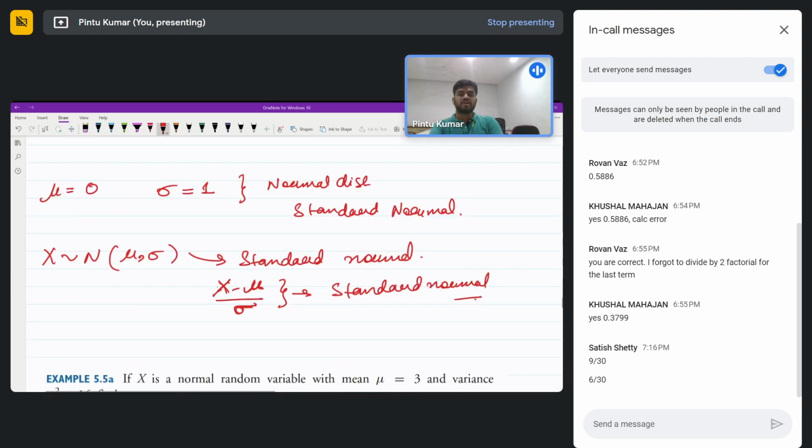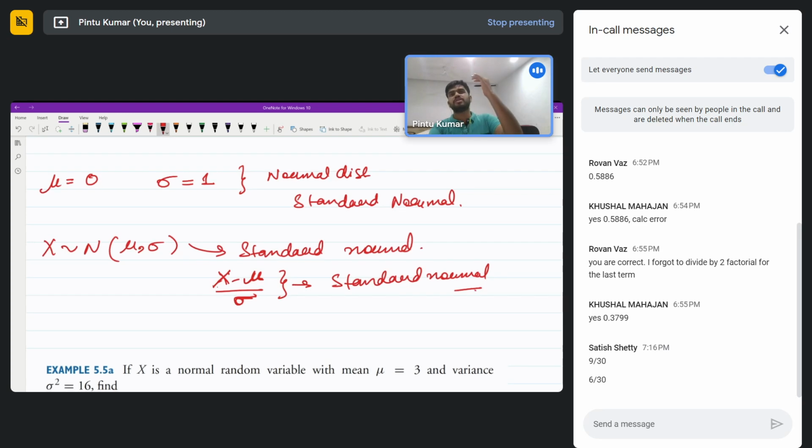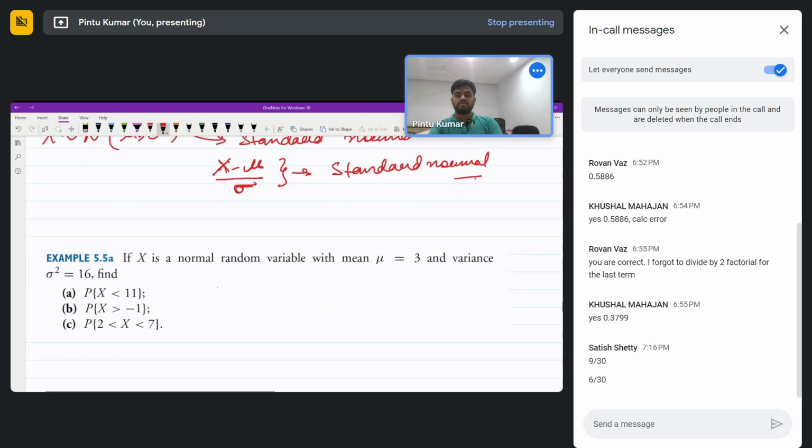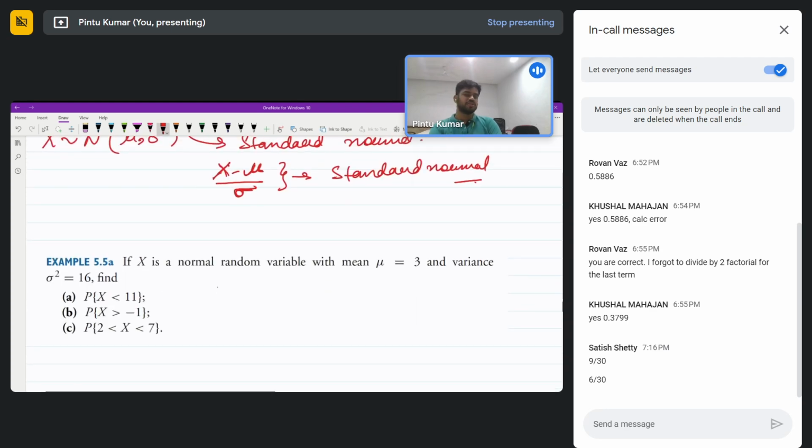Still, this calculation can be difficult, so you have many standard normal tables available which you can refer to for your computation. So a normal distribution is converted to standard normal distribution. You just need to do this transformation, x minus mu by sigma.